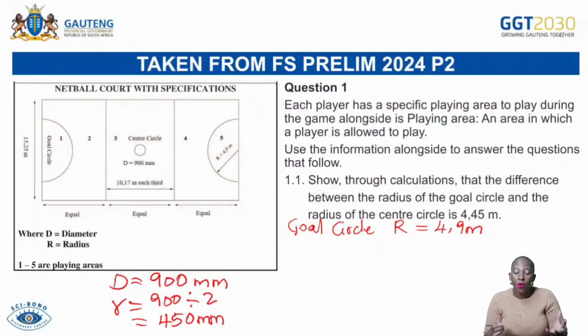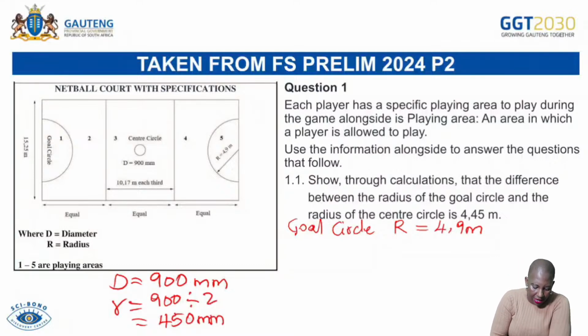Are we going to work with millimeters and centimeters and meters? Because the examiner wants us to prove that the difference between the center circle and the goal circle is 4,5 meters. So that means we have to convert our 900, which is now the radius of 450 millimeters. We have to convert it to what now? To meters, so that we work with the same units.